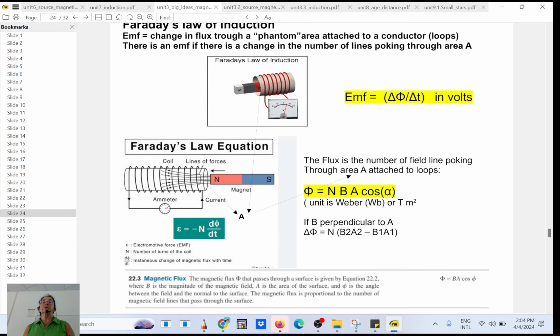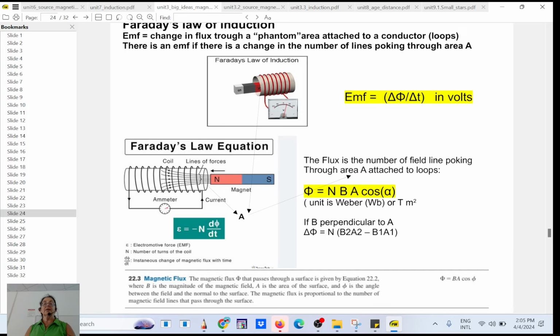So Faraday's law of induction: you have an induced EMF, and that induced EMF equals the rate of change of the magnetic flux. The number of lines poking through the membrane attached to your conductor has to change with time. We already discussed that.